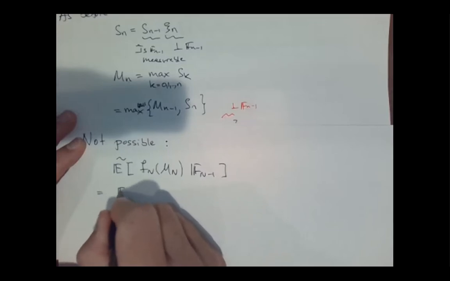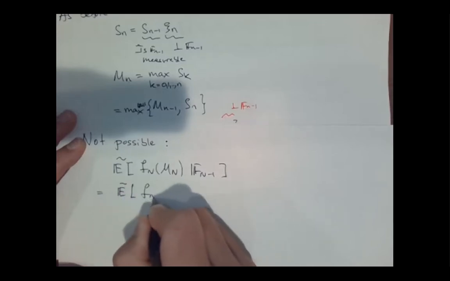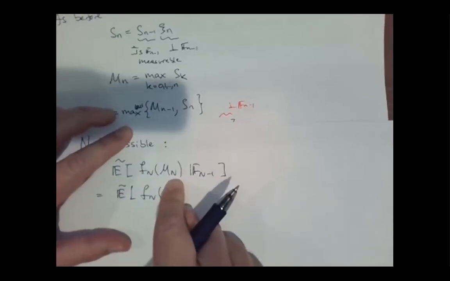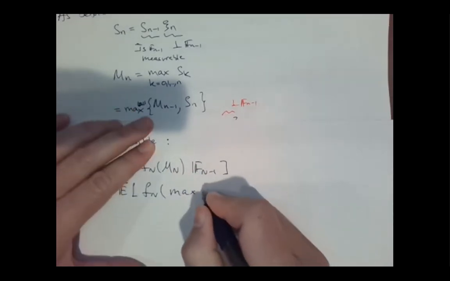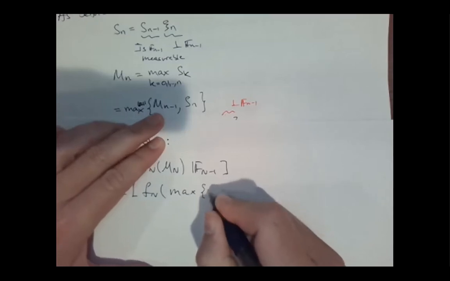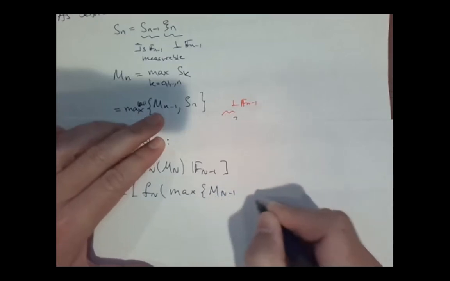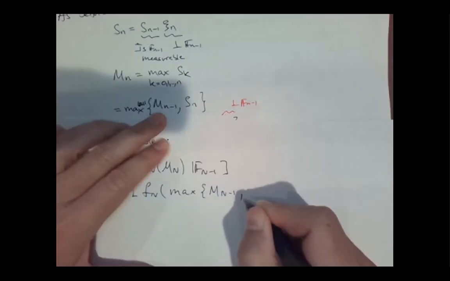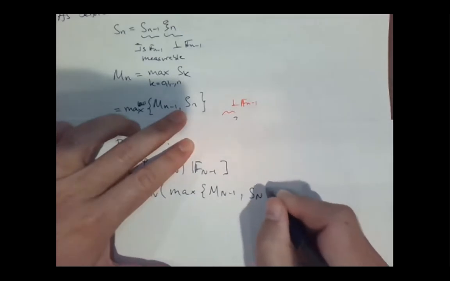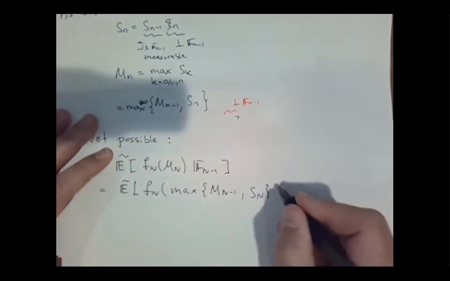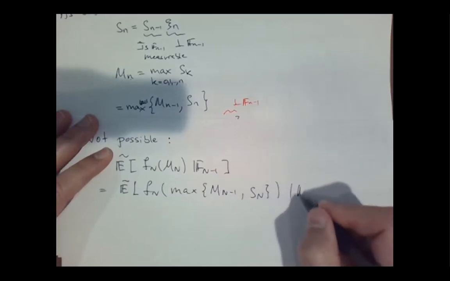This here is Fn, and then instead of Mn, we put in the maximum of M_{n-1} and the stock Sn, given F_{n-1}.